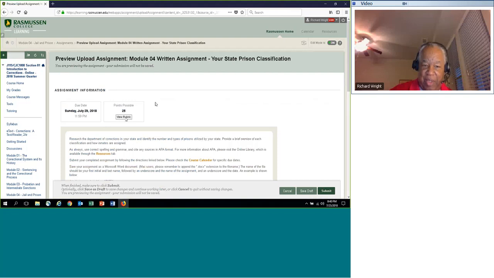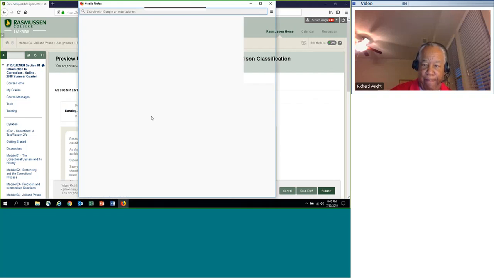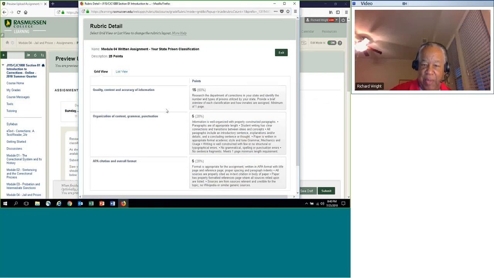So let's click on the rubric. You see it's due Sunday the 29th. And there it is. A minimum of 1 page. It is so important. You could go 2 pages, but you want to make sure that you provide the information that is necessary to complete the assignment.